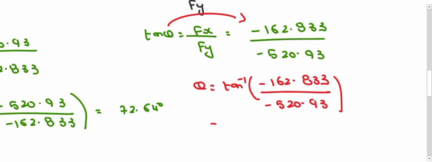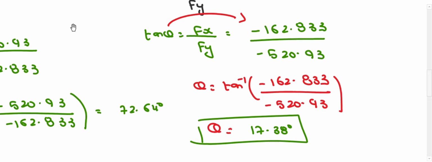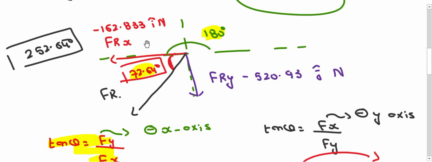The answer of this expression is 17.38 degrees. Now this is our resultant vector diagram, and this theta is 17.38 degrees.